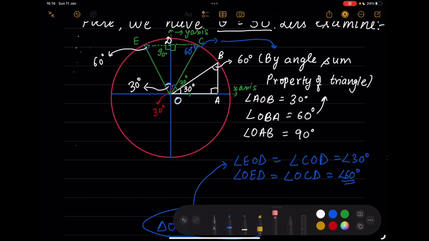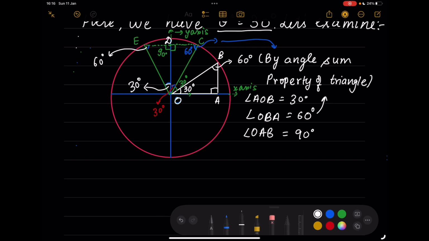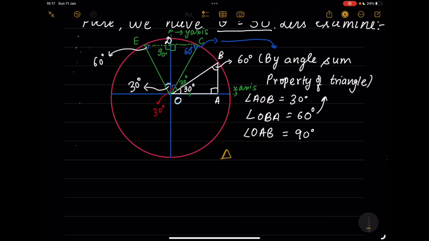Now let's see what happens. Let's bring our focus to the triangle ECO.